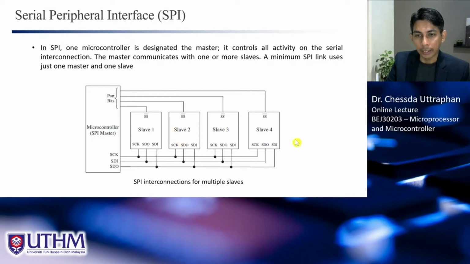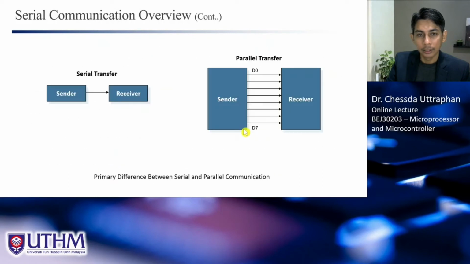We add to the cost of our design. If we have more slaves, of course the number of lines is more than parallel communication already. So this is not good, because if we use serial communication, we know already that the data transfer is slow. The good thing about serial communication is the cost. How can we reduce the cost?